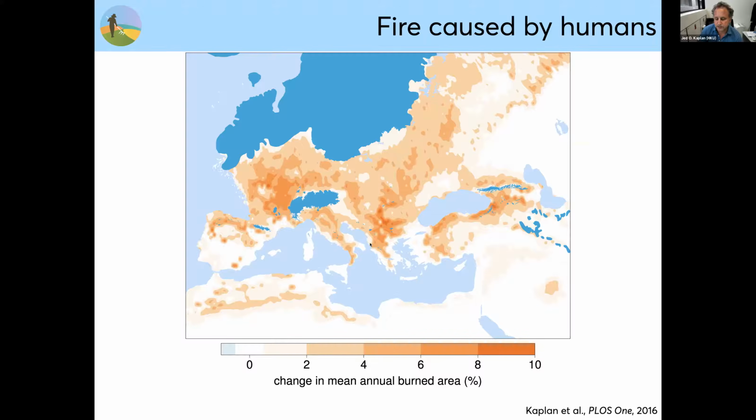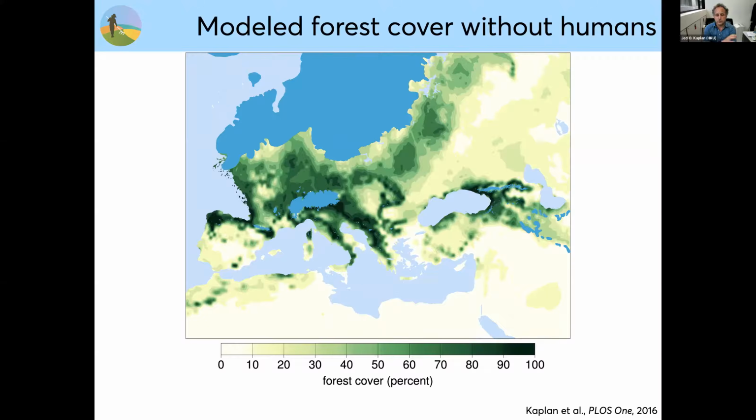So what does this actually mean for the vegetation cover? Well, here we can look at the forest cover that I showed you a moment ago, where I said this is not consistent with independent observations, where there's a lot of forests in Europe.